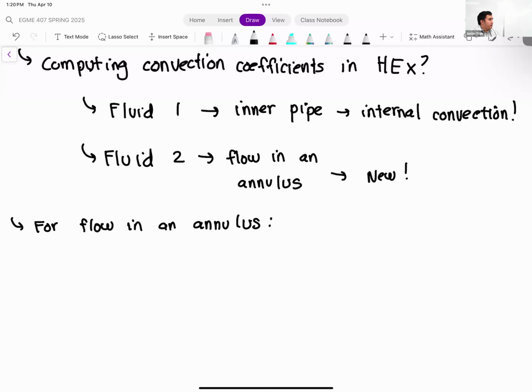Okay, so for flow in an annulus, just to keep things simple, we're not going to get too much into the details of the fluid mechanics and the heat transfer, but there's a table that we can use to compute the Nusselt correlations.